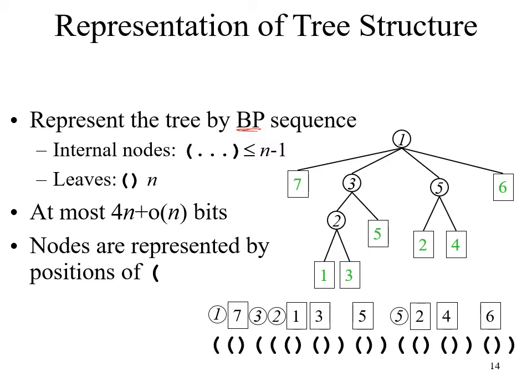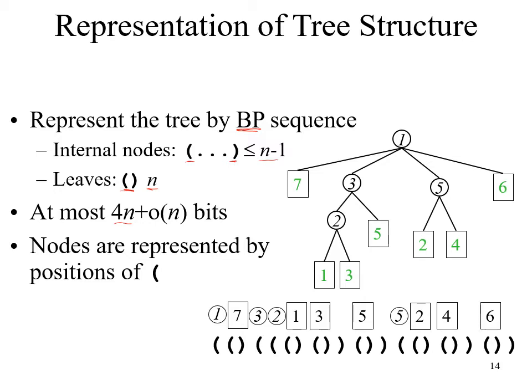Then a leaf is represented by this pattern, and there are n leaves, and internal nodes are represented by a pair of open and close, and the number is at most n-1. So the tree structure is represented in at most 4n plus little o of n bits.